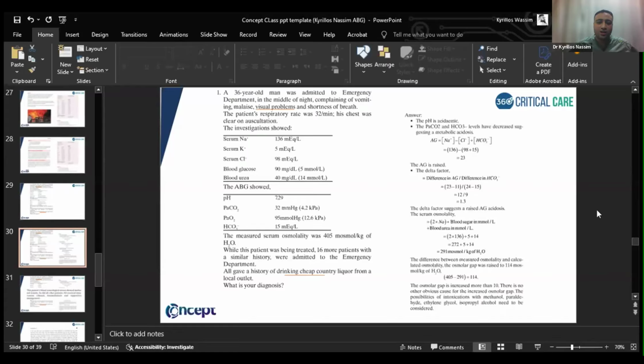So I can measure the anion gap. Here, the anion gap is 23, which is a high anion gap metabolic acidosis. And when I calculate the delta ratio, it gives me 1.3, which suggests an uncomplicated high anion gap metabolic acidosis. So when they give me the serum osmolarity, I must calculate the osmolar gap.